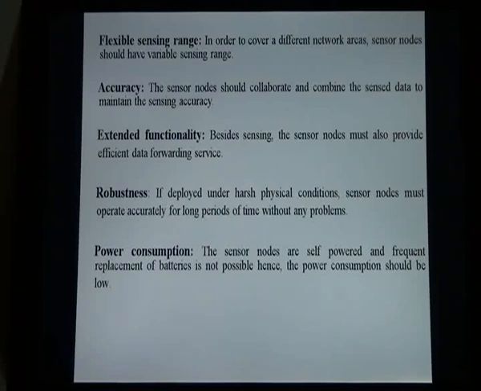They must be robust, in the sense of being resilient to changes in the environment or extreme hard conditions, and they should operate for longer periods of time without any faults. And as I discussed before, power is a crucial part. They are self-powered and the power is limited, so it is not possible to replace the batteries frequently, so they must consume less power.